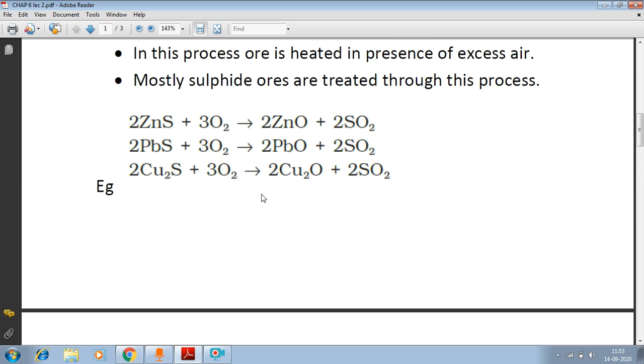Examples are here. ZnS, when heated in the presence of oxygen, will give us ZnO plus sulfur dioxide. Similarly, lead sulfide PbS will give us lead oxide plus sulfur dioxide, and copper sulfide will give us copper oxide plus sulfur dioxide.